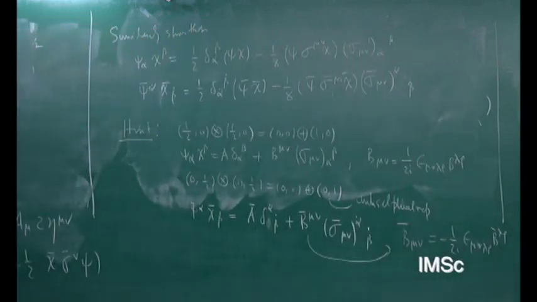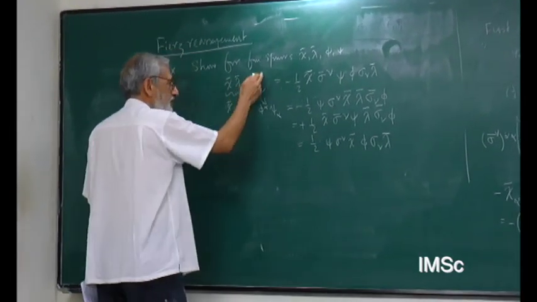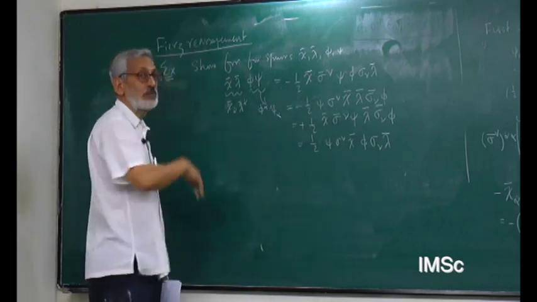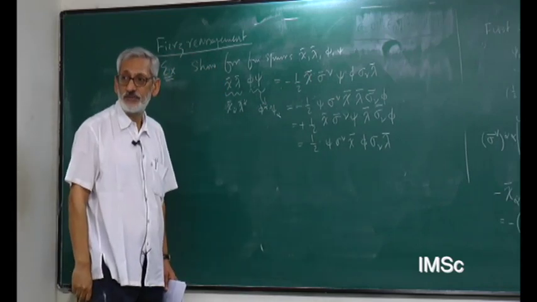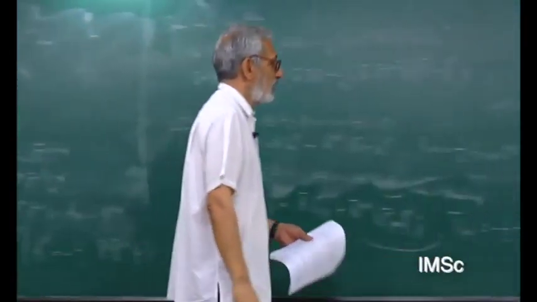There's another identity which we can look at. This one. You put indices on them and take fermions out. Peel them off. You will get another identity, which is useful to remember.